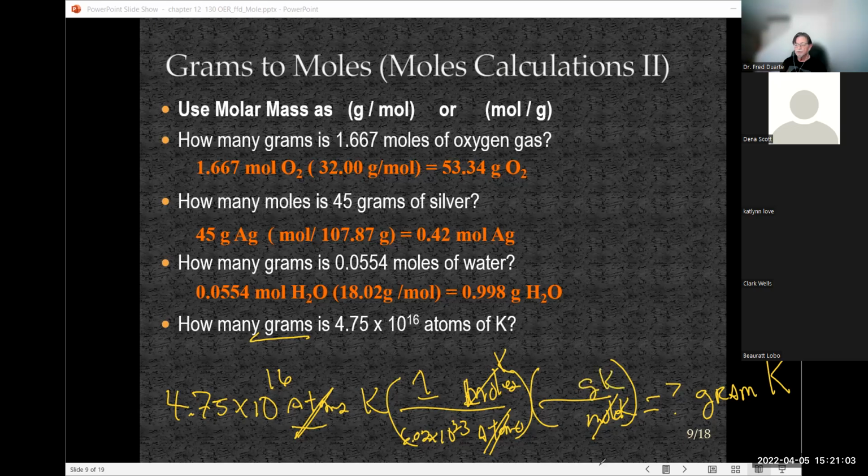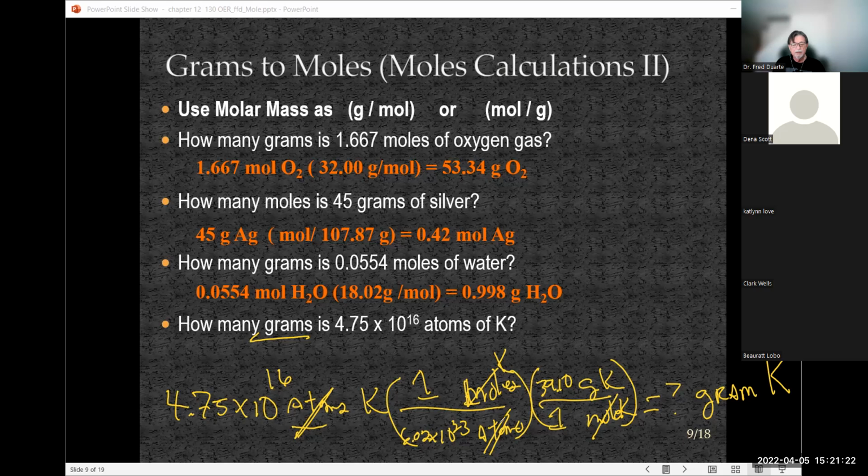Grams over moles is basically the atomic weight, right? Potassium is 39.10, so it's 39.10 grams per 1 mole of potassium.